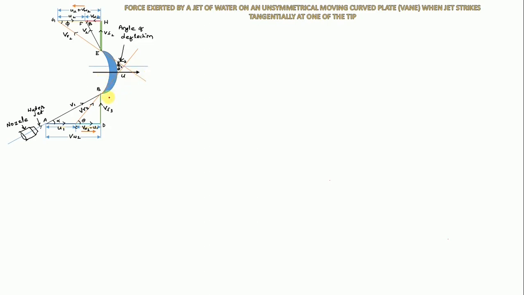To find the force exerted by a jet of water, we have to apply Newton's second law of motion. What is Newton's second law of motion? The rate of change of momentum is directly proportional to force. That means force is equal to m1 v1 minus m2 v2 by time. m1 v1 is the initial momentum, m2 v2 is the final momentum.